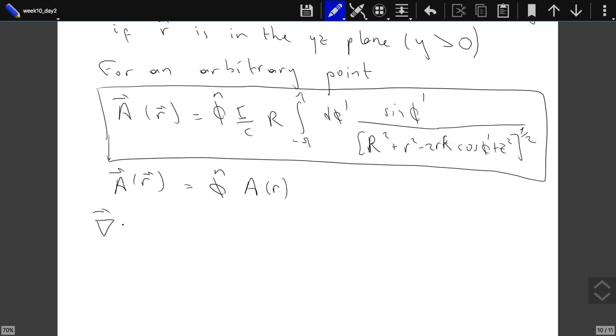Now we can calculate the curl of A. The curl of A in cylindrical coordinates, let's see, I have only the phi hat component, minus the derivative of A. I only have the phi hat component which depends only on z. Minus derivative of A with respect to, no, on r.